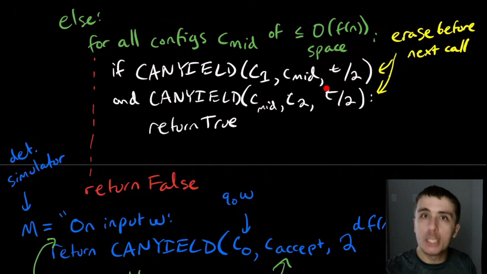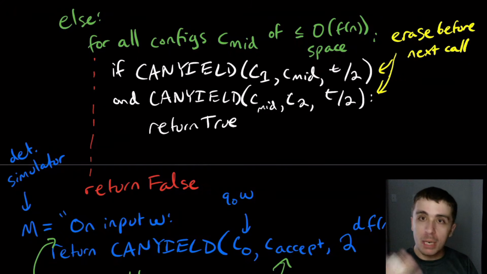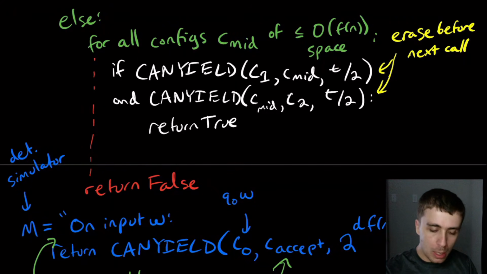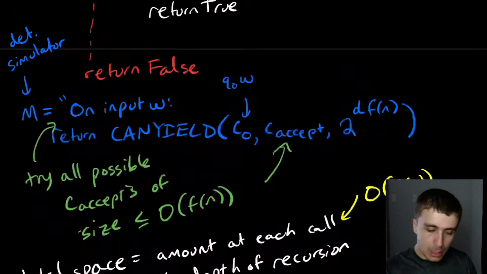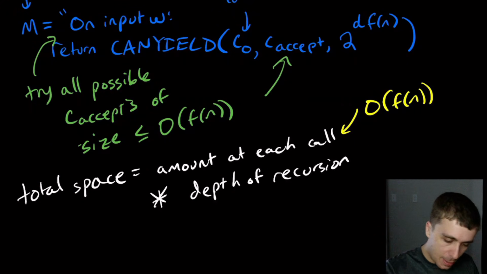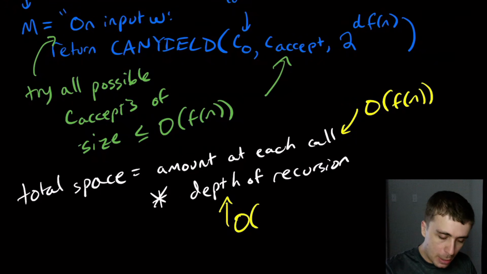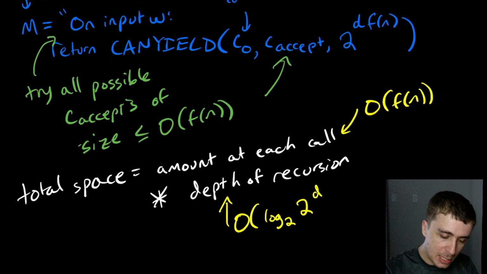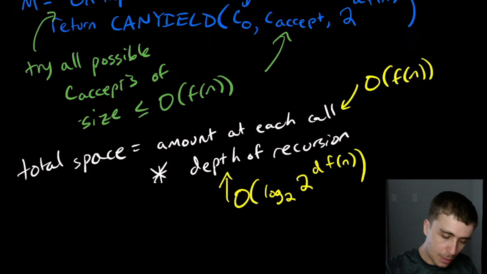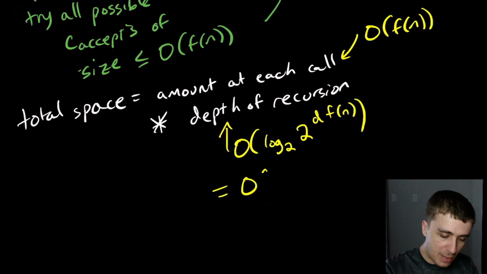So it's going to be the log base 2 of the initial time budget, which is big O of log base 2 of that 2 to the thing. So 2 to the d times f of n, oops, I wrote it wrong. And if you simplify that, that's going to be d times f of n.